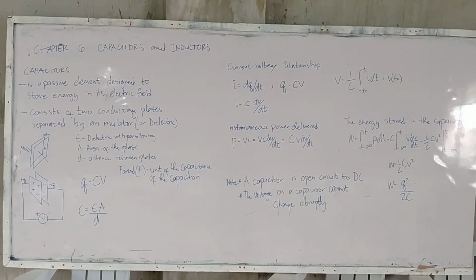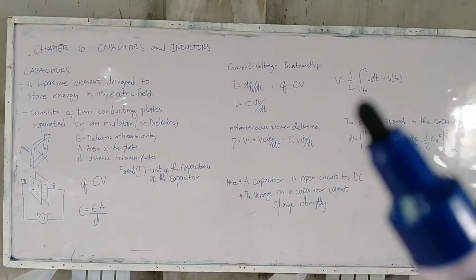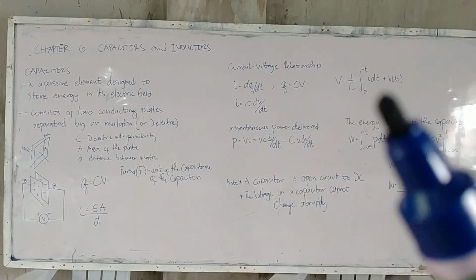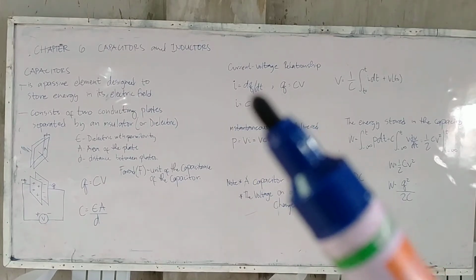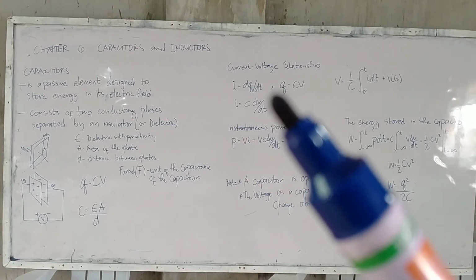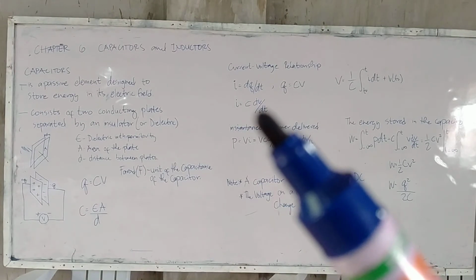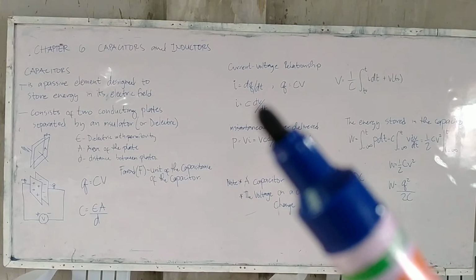So how about the other form? This one is derived from here, where we do the separable differential equation. We multiply dt to i, and divide by C to have dv.